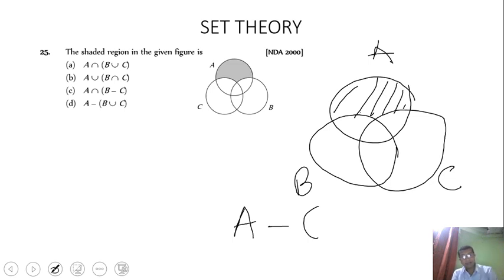Along with that, see here B and C, all the elements are clubbed together. That is, we can write B union C here. So the correct answer is A minus B union C. That is, option D is the right answer.